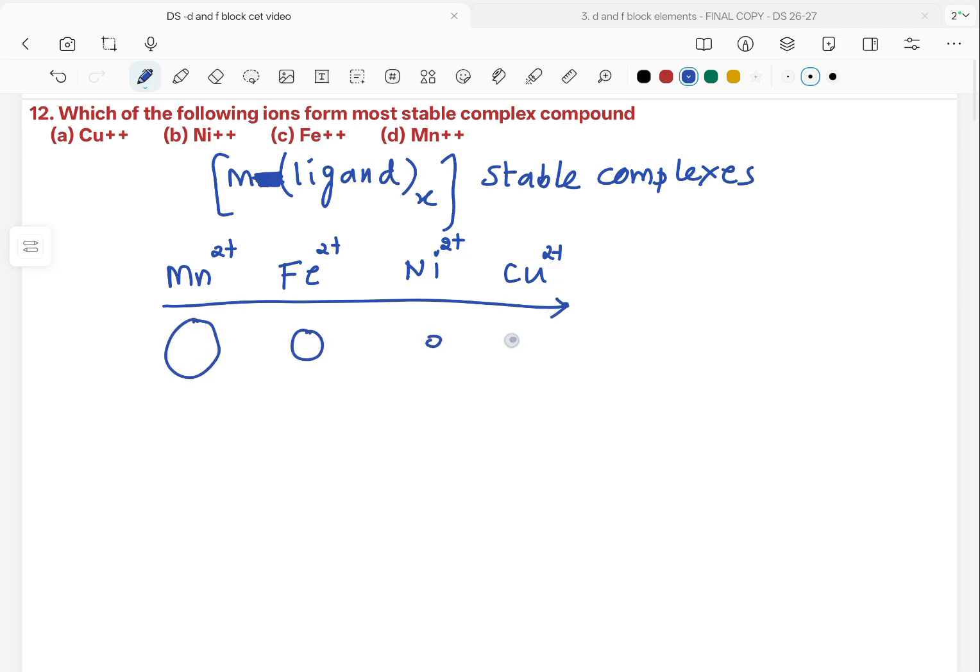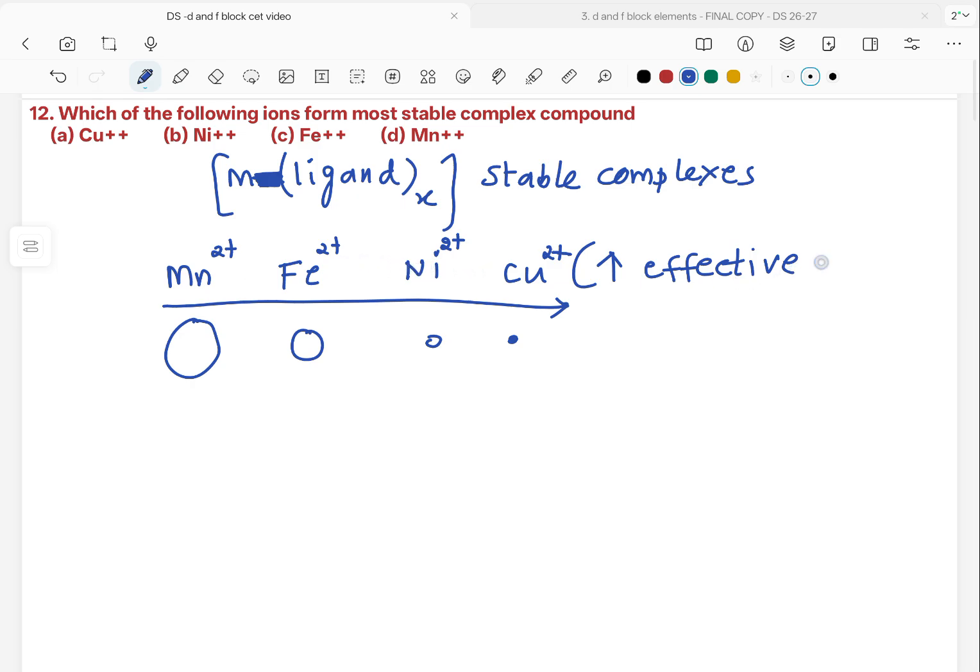As the atomic size decreases here, the effective nuclear charge increases. Here, cupric ion Cu2 plus will have very high effective nuclear charge, as the size of the atom is very small comparing with that of the others.